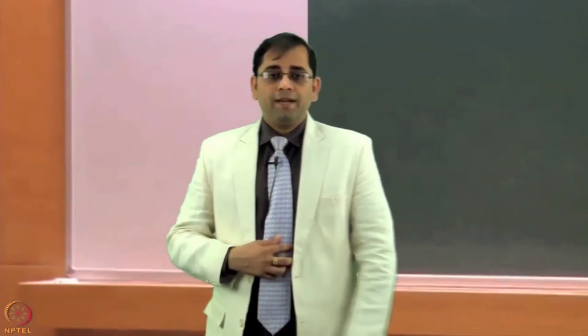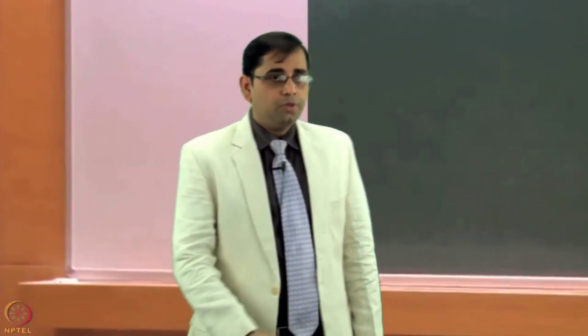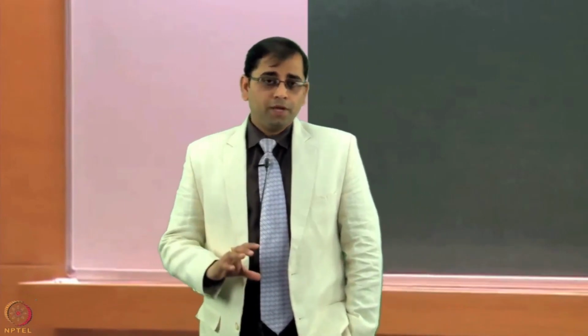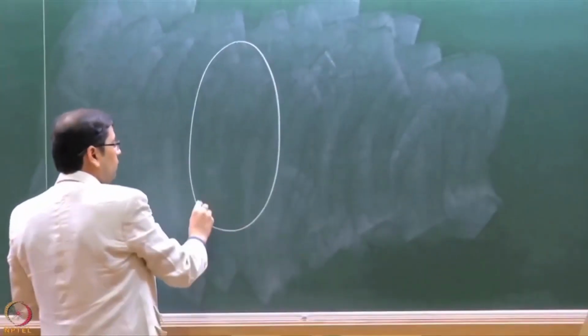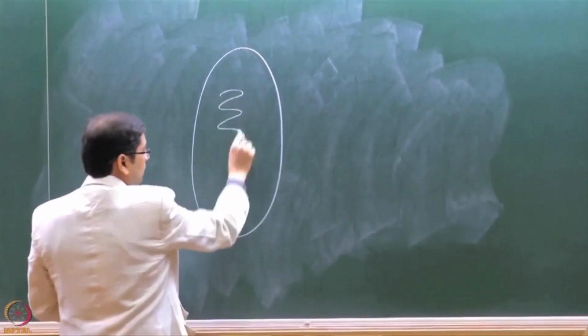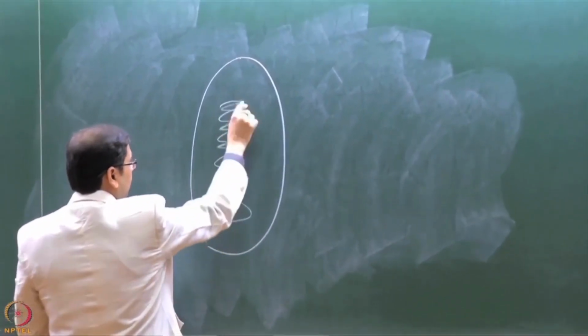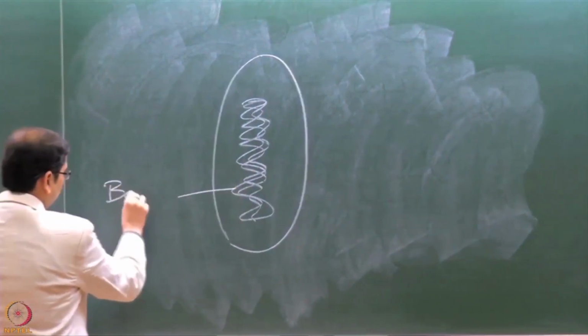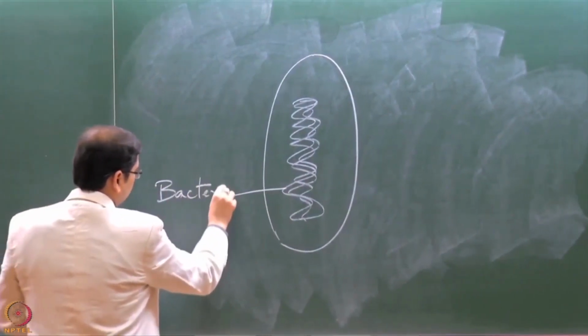But before we talk about that, let me show you the basic structural detail of the prokaryotic and eukaryotic cell. In the prokaryotic cell, it is like a balloon, in which we have the nucleoid, or the chromosomal material of bacteria, which is almost free floating.